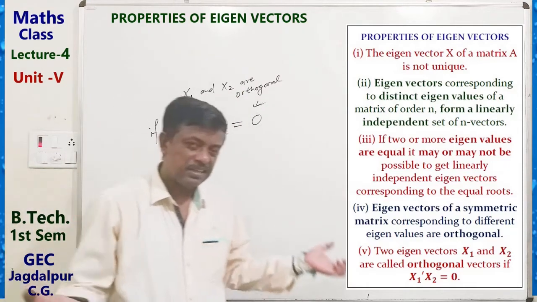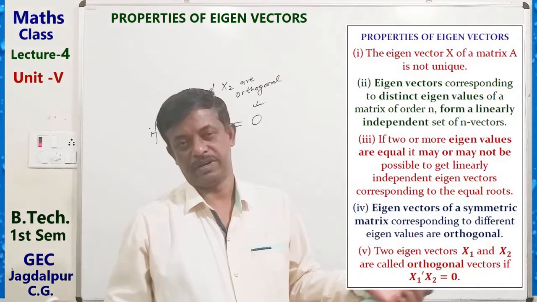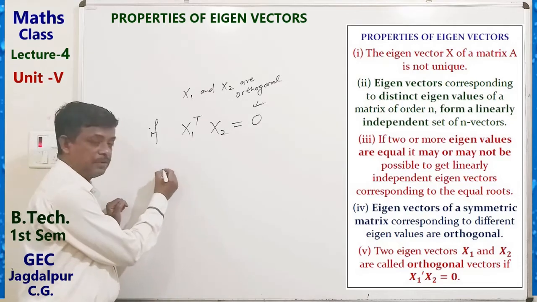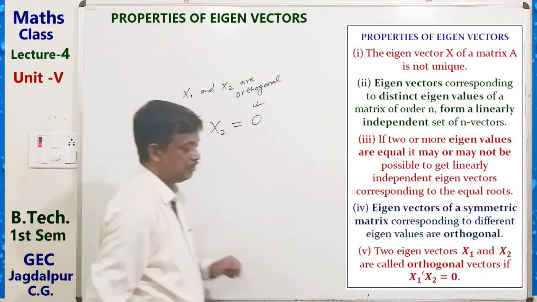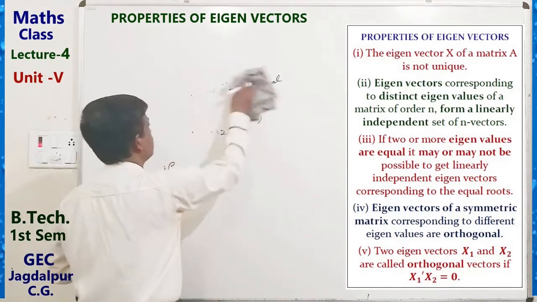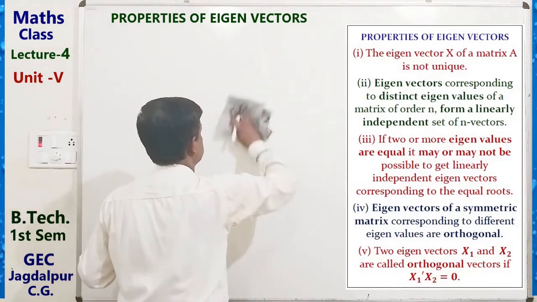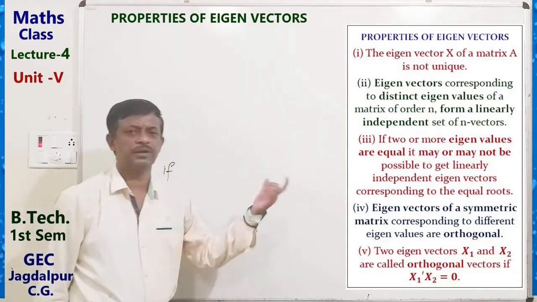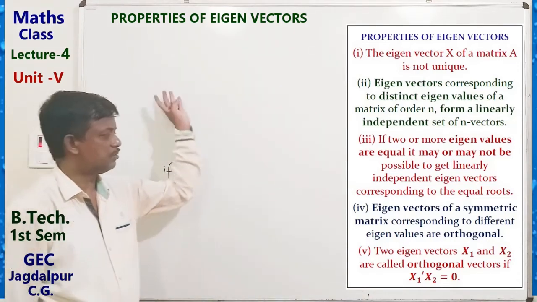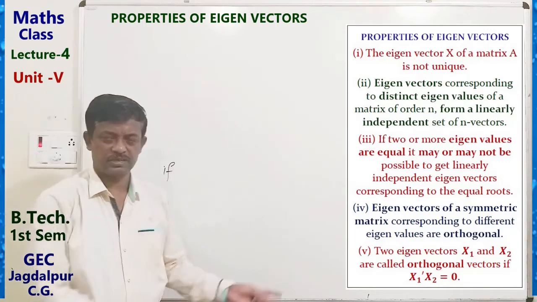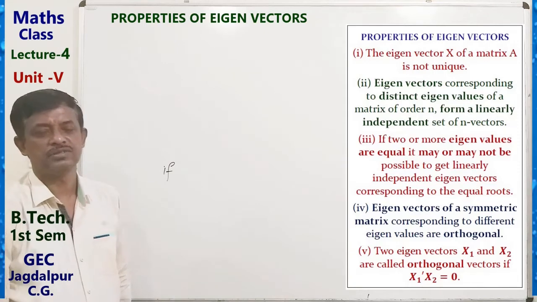A matrix may be symmetric or non-symmetric. For a non-symmetric matrix, you can decide as I have just discussed for eigenvalues and vectors.